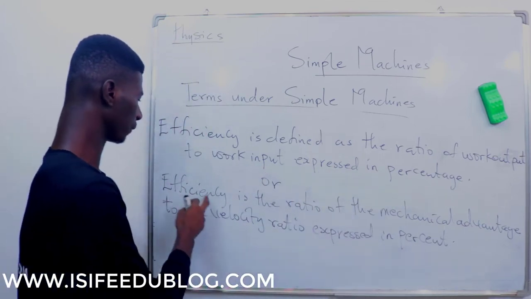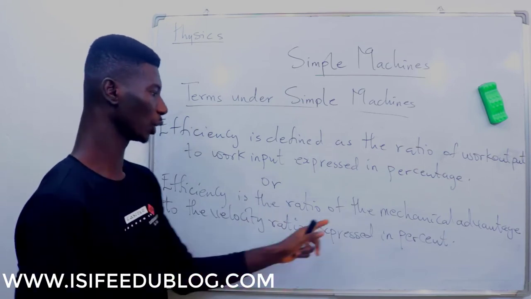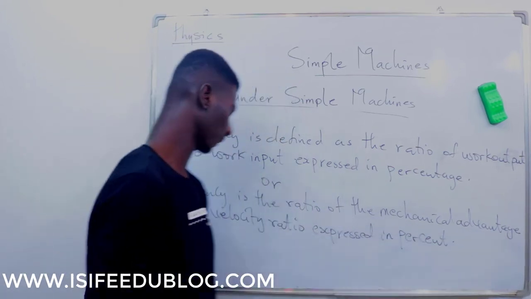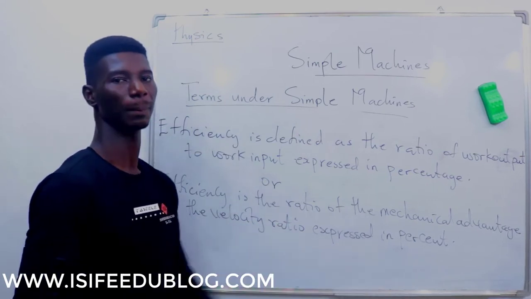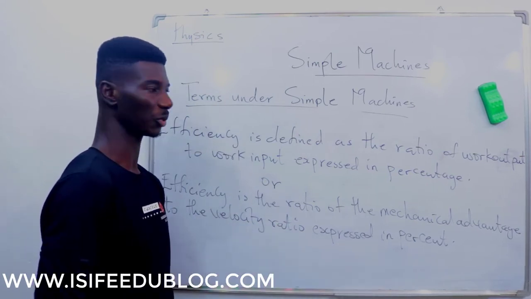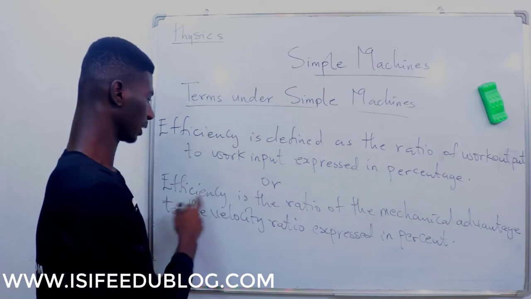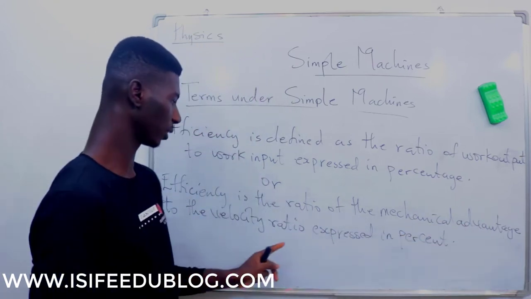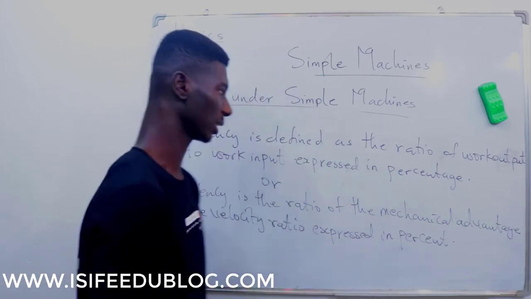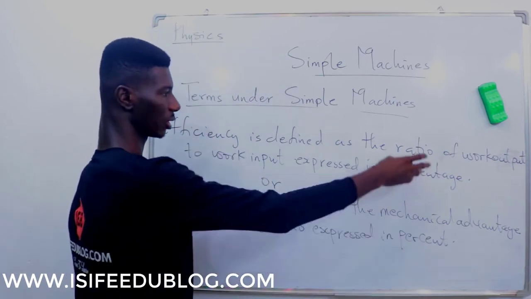Or you say efficiency is the ratio of the mechanical advantage to the velocity ratio expressed in percentage. So any one you like: efficiency is the ratio of mechanical advantage to the velocity ratio expressed in percentage. This, like I said, is gotten from this.